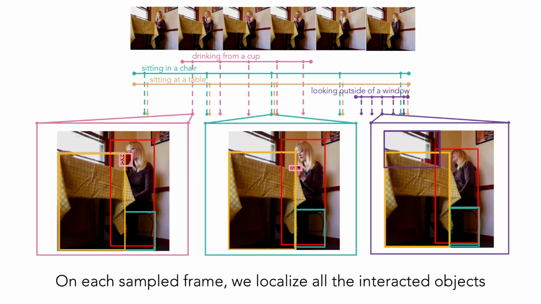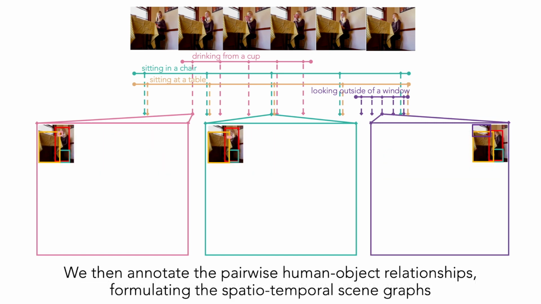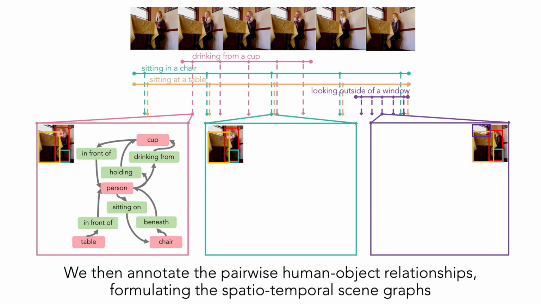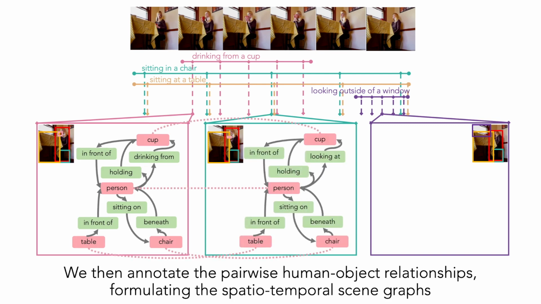Note that we are not necessarily labeling all objects appearing in the scene. We only label the currently interacted objects. We neglect all objects that the person in the scene is not actively interacting with. We then annotate the pairwise human-object relationships. So then we can formulate the spatial temporal scene graphs.